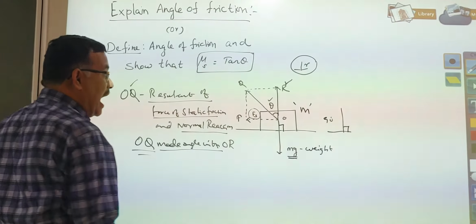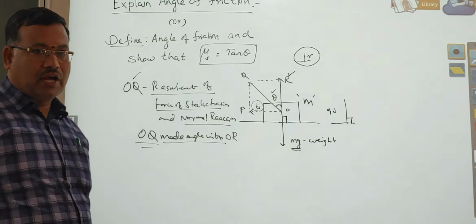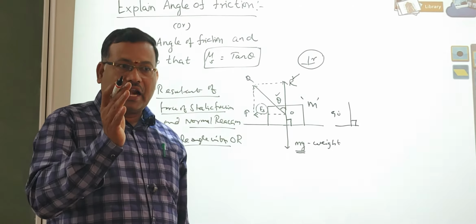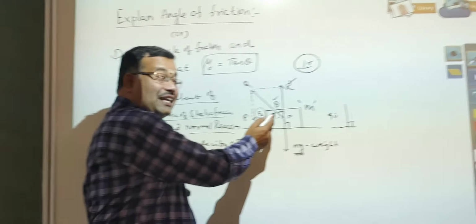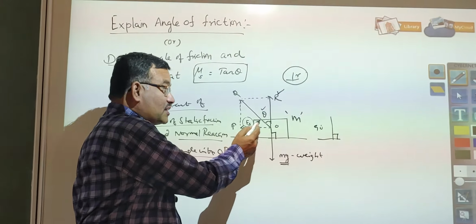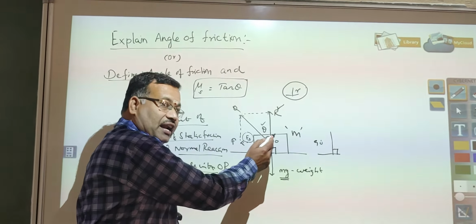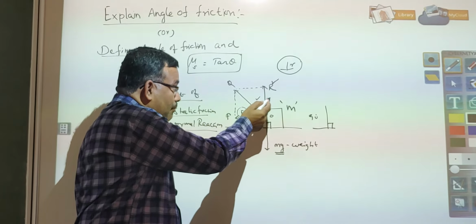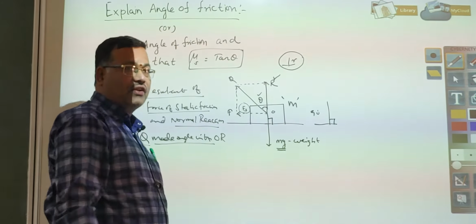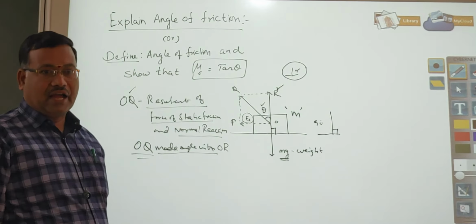This is called the angle of friction. This is the definition of angle of friction: the angle made by the resultant of the force of static friction and normal reaction with the normal reaction. The angle OQ makes with the normal reaction is called the angle of friction. Theta is called the angle of friction.